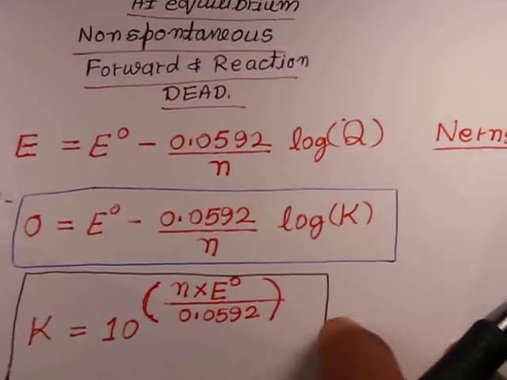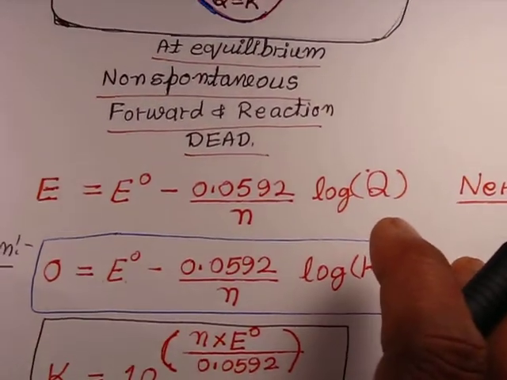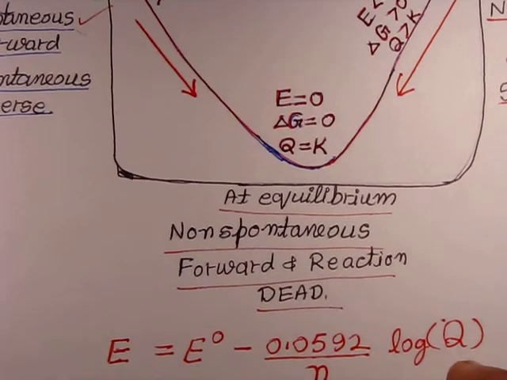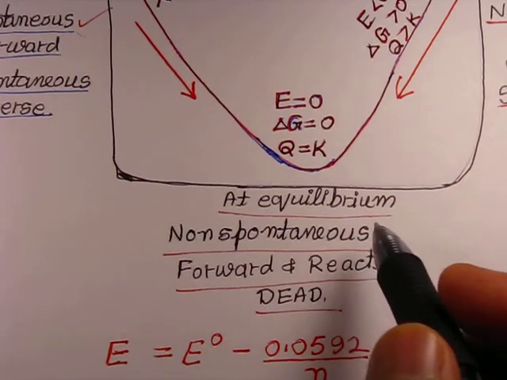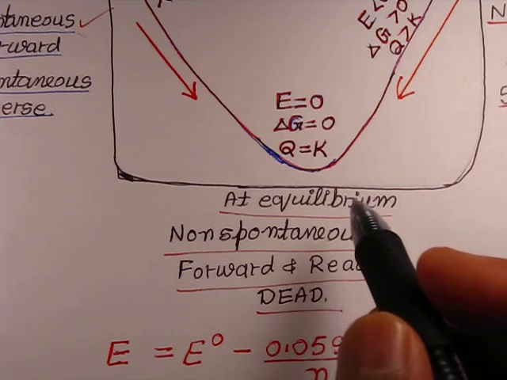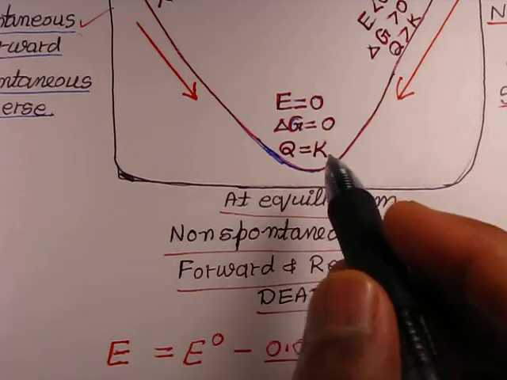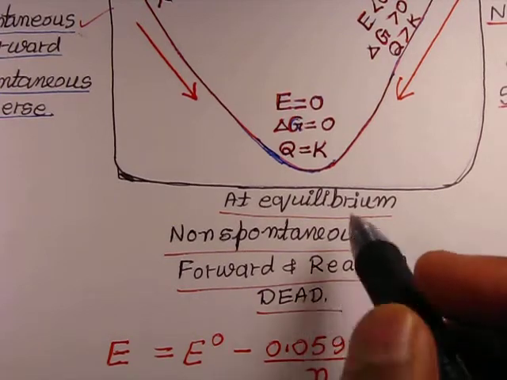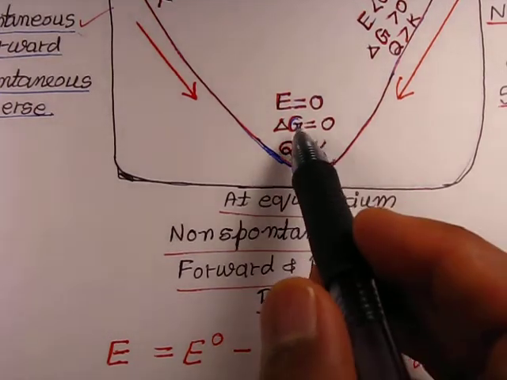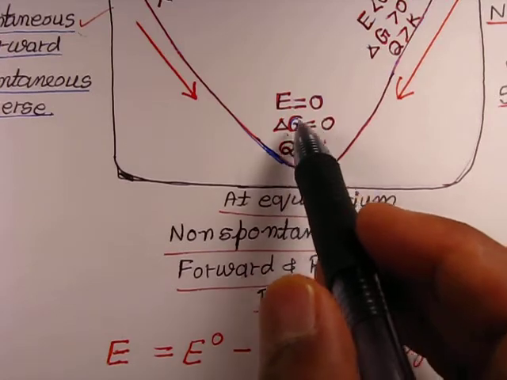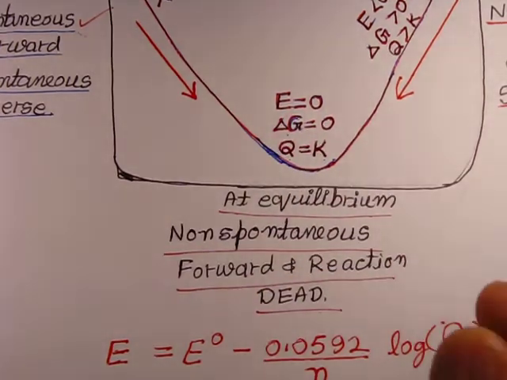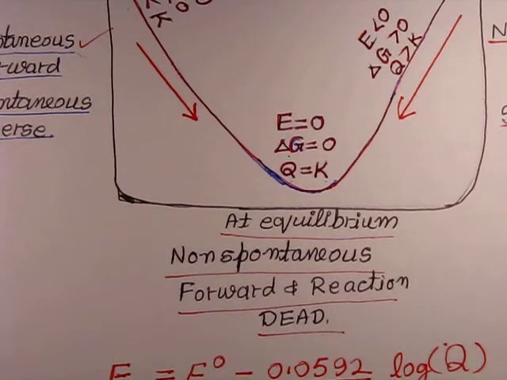This is another form of derivation, but what we need to understand here is that if our reaction reaches equilibrium, it means our battery is dead, and under the condition of a dead battery, Q will be equal to K, delta G will be equal to 0, and E cell will also be 0. This is important here.